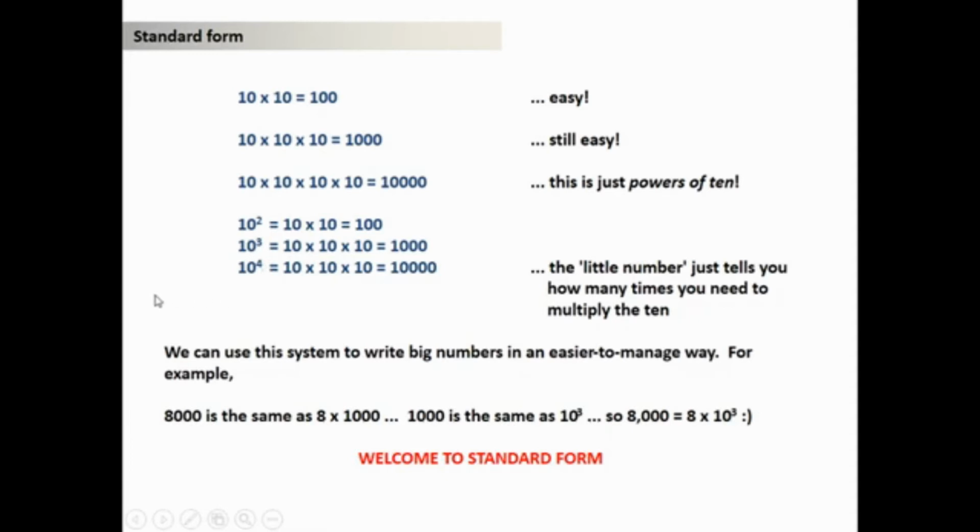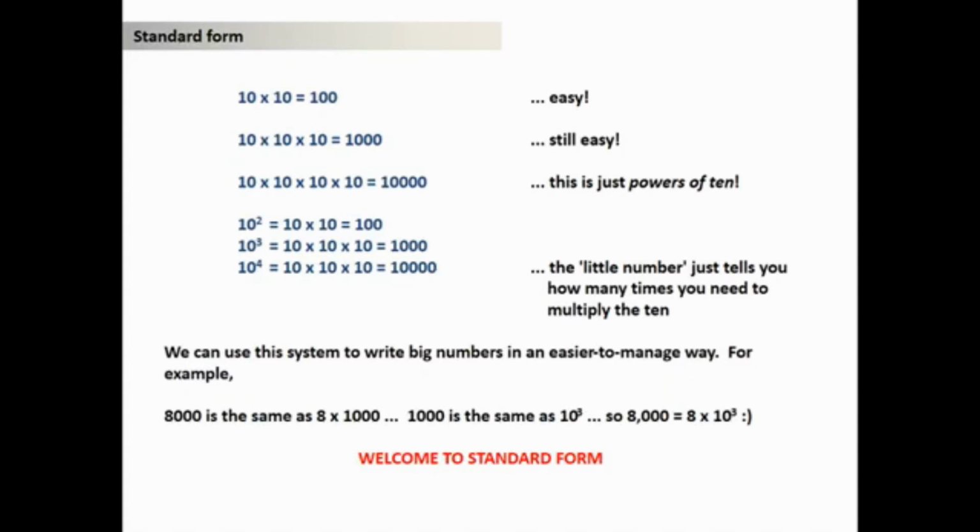Now, you can use this system to write big numbers in an easier to manage way. For example, 8,000 is the same as 8 times 1,000, and 1,000 is the same as 10 to the power of 3. So we can say 8,000 equals 8 times 10 to the power of 3, and that is the standard form.